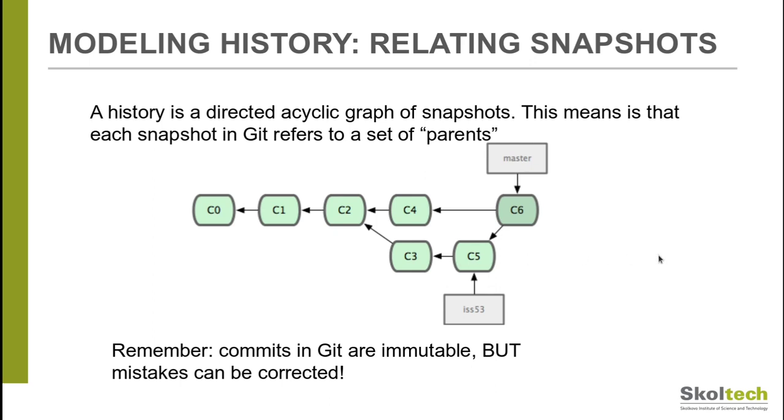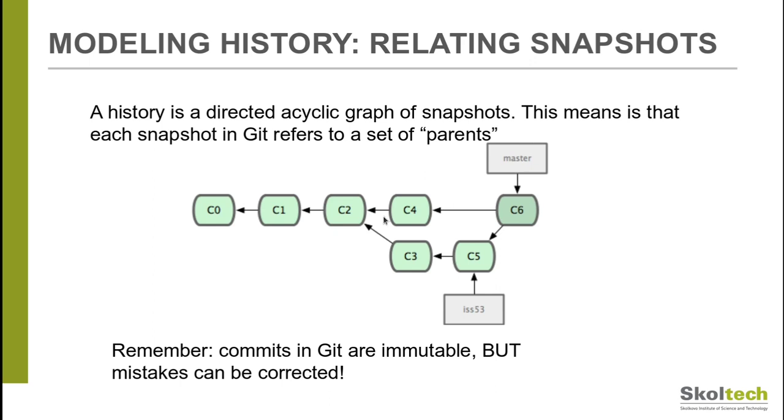Git calls these snapshots commits. Visualizing a commit history might look something like this on the slide. In the art on the slide, the blocks with C's correspond to individual commits, snapshots. The arrows point to the parent of each commit.